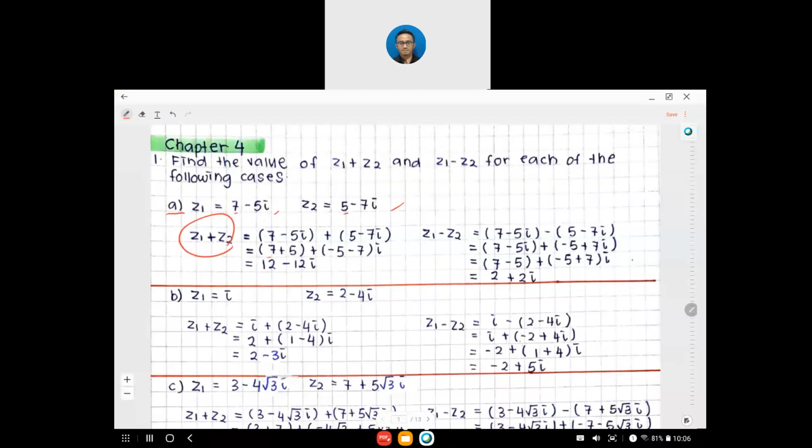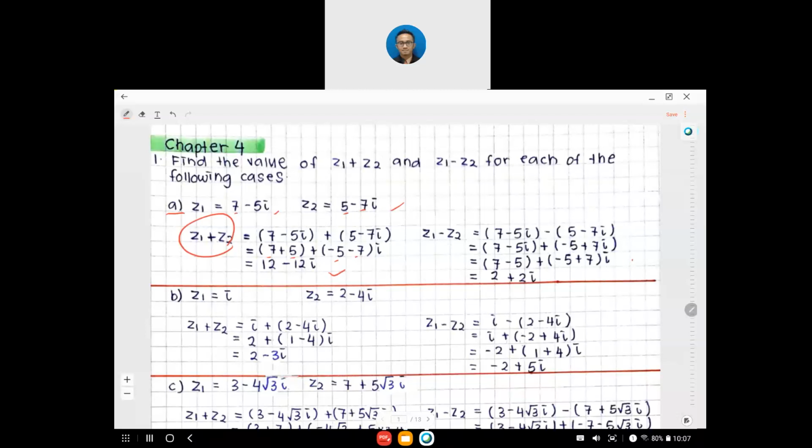So 7 plus 5, plus negative 5 minus negative 7, and then this one, i. So you can get 12 minus 12i.